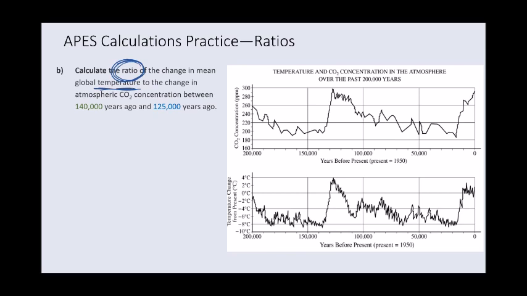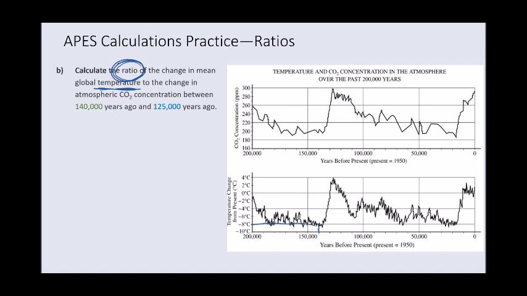Do we already know what the parts per million change was from part A? Yes, it was 80 parts per million. So now let's focus on this part of the graph to get our change. Again, 140,000 years ago was right here, and that gives me -8 degrees Celsius.